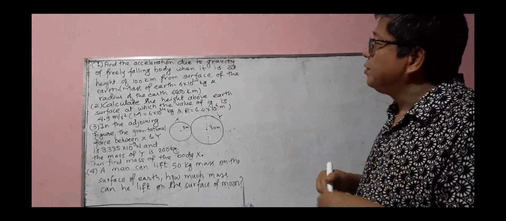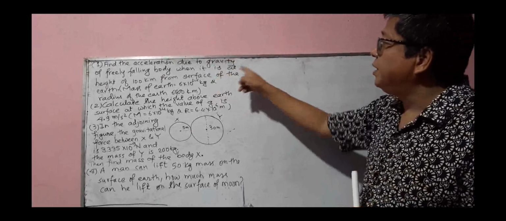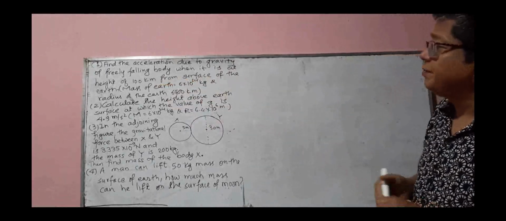Find the acceleration due to gravity of the freely falling body when it is at a height of 100 km from the surface of the earth.